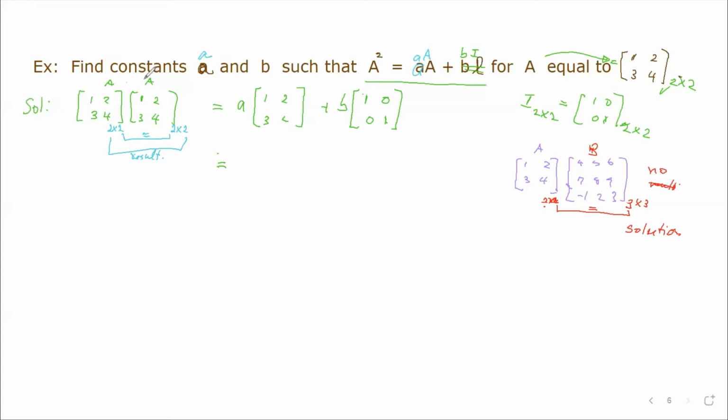So first row times the first column: 1, 2 and 1, 3. So 1 times 1 plus 2 times 3.